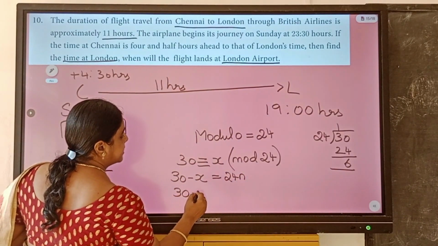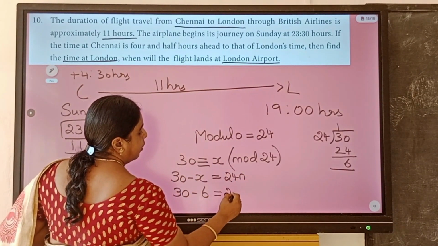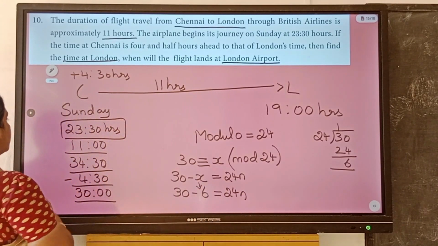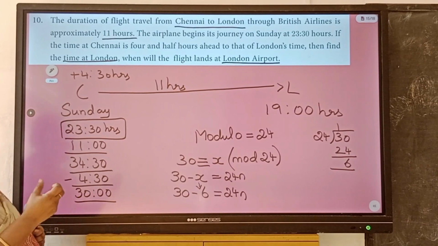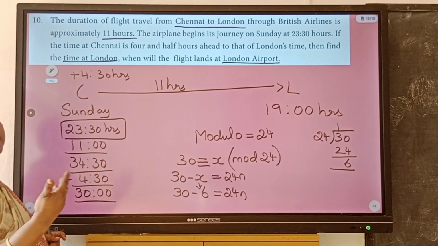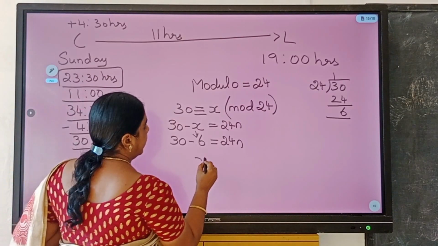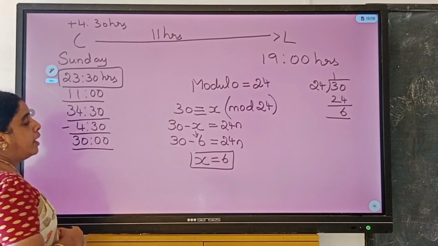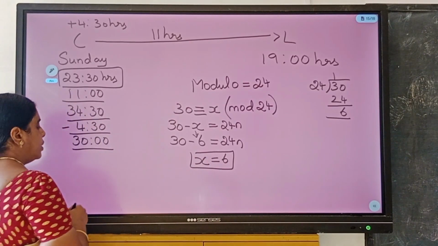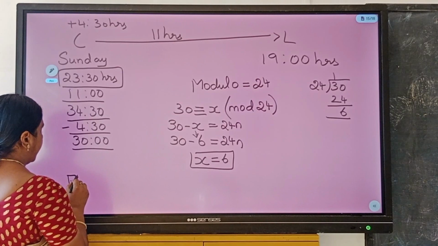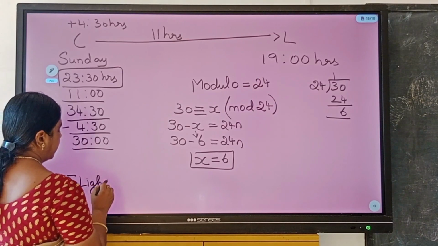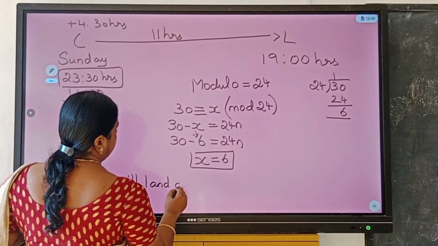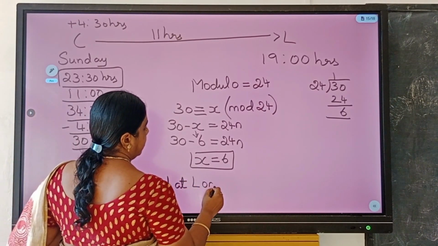So 30 minus 6 is some multiple of 24. Here the value of x is 6, which is nothing but 6 hours. So here we have found the value of x to be 6 hours, and now we have to find the time. So now the flight will land at London.